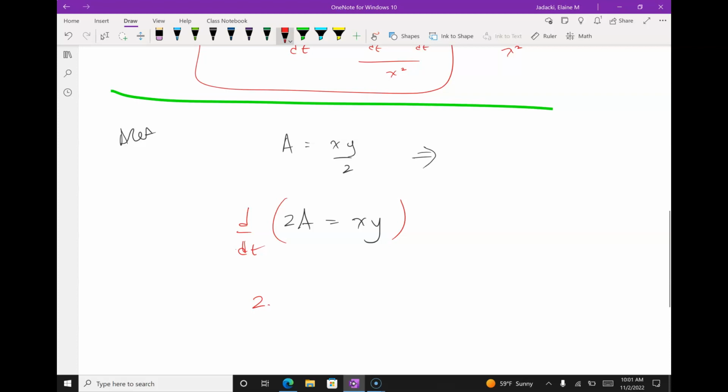But we're going to use the Leibniz notation, so we are assuring ourselves that we're taking the derivative with respect to time. So 2 times dA/dt has to be a product rule on this side, right? So I get x dy/dt plus y dx/dt.